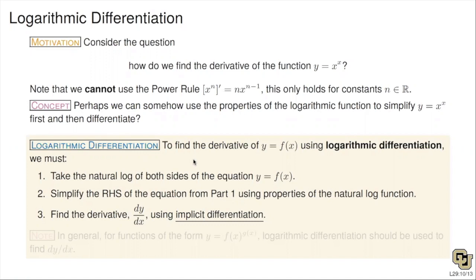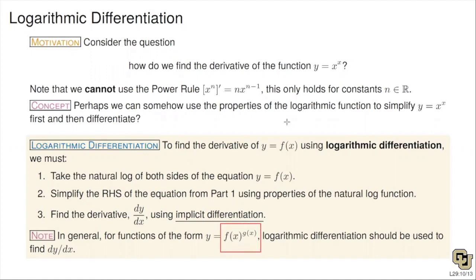I just want you to now start to really distinguish between when you have a function raised to a function, like x raised to the x, versus when you have a variable raised to a constant, like x raised to the n. For x raised to the n, we would use the power rule.